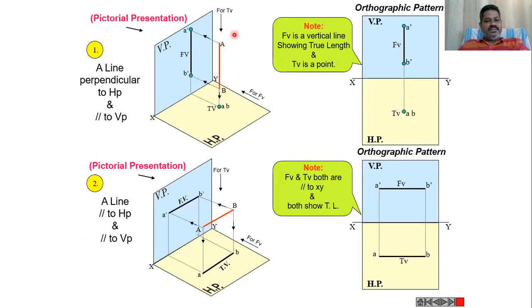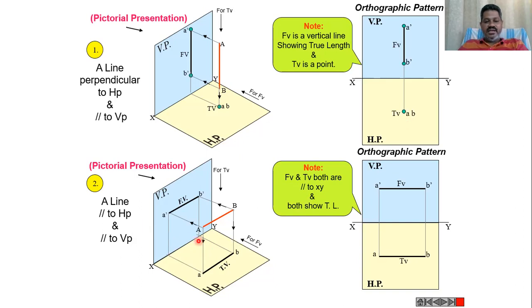Then, when the line is perpendicular to HP and parallel to VP, as usual we draw the front view first with a given length, and up to what extent the line is located from HP, with that distance we draw the vertical line. It looks like a vertical line in the front view, A dash B dash, and when we see this line from the top, it looks like a point on the HP plane, that will be AB.